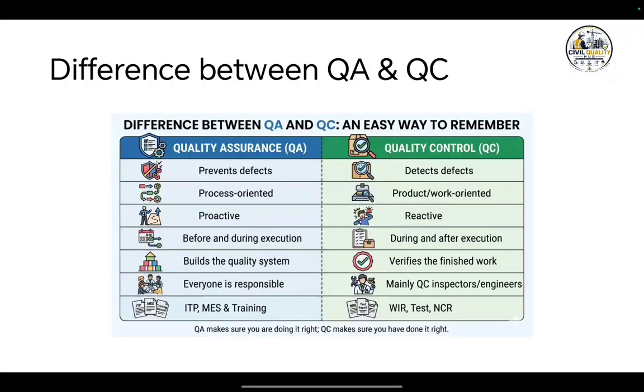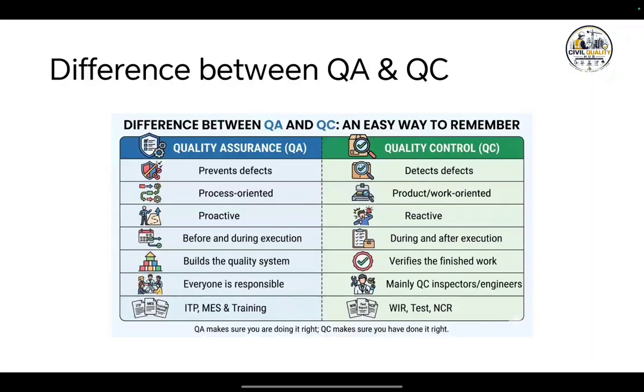Examples for quality assurance are ITP, method statements, training, etc. Examples for quality control are WIR, tests, NCR, SIR, etc. One easy sentence to remember: quality assurance ensures the process is capable of producing quality work, whereas quality control verifies that the completed work actually meets the required quality standards.